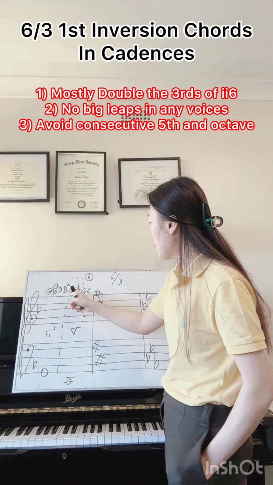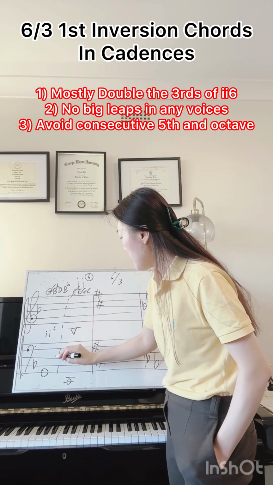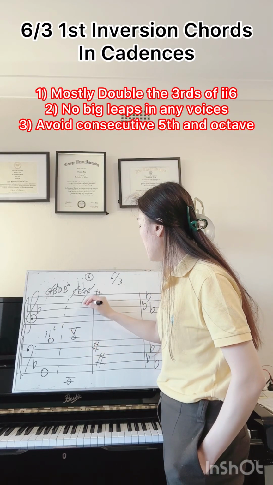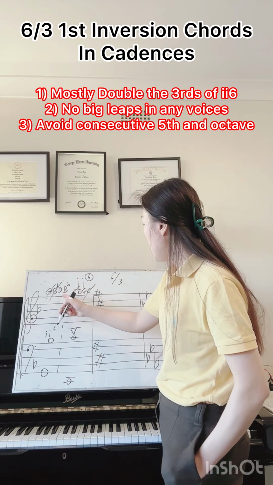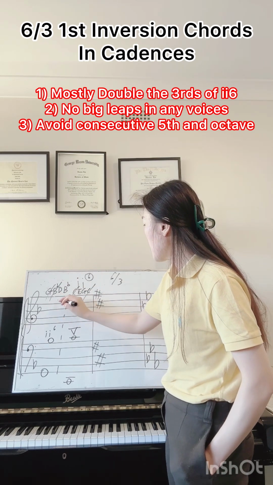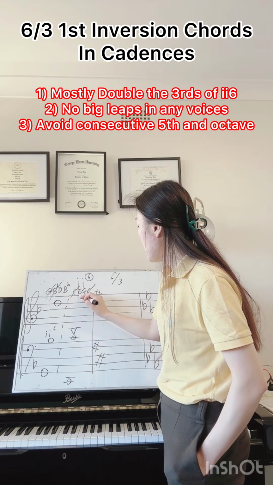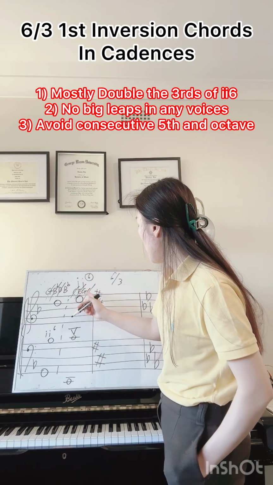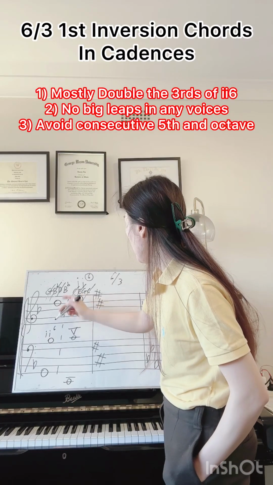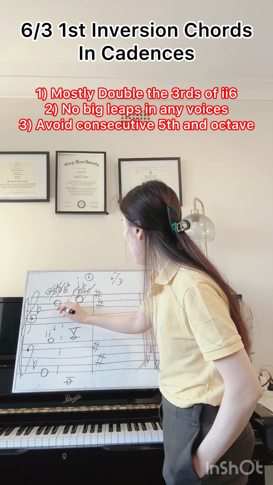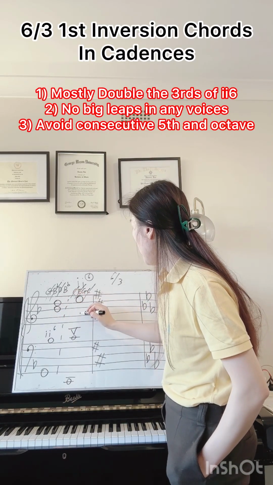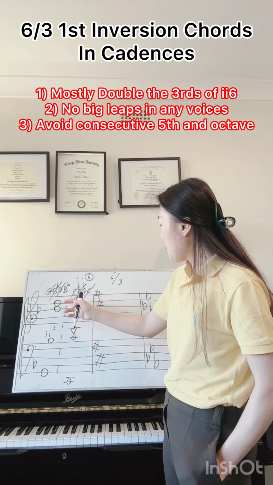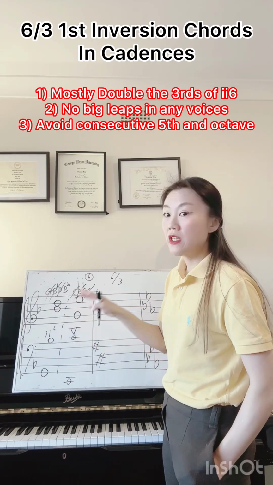So B flat will be followed by C, and D will be followed by E, and then whatever's left: B, and then G. Let's see if the soprano and bass move in contrary motion.